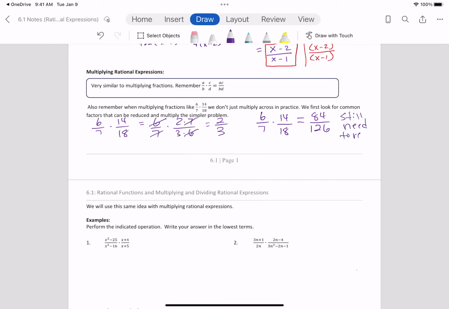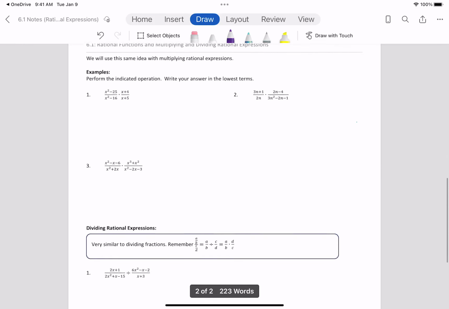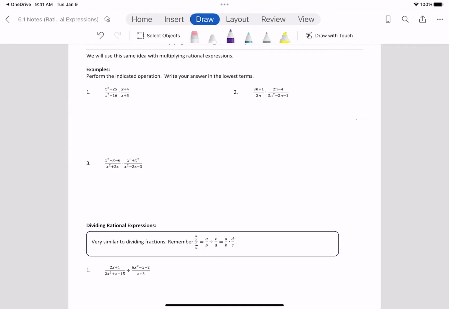And of course, once we figured out what the factors were, we know that the answer is 2/3 from the way we worked it the first time. But you see that the second method is just harder and more time consuming.